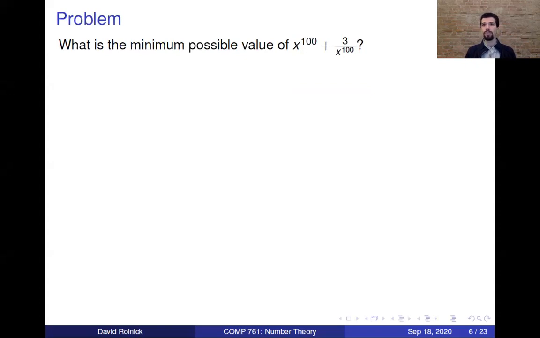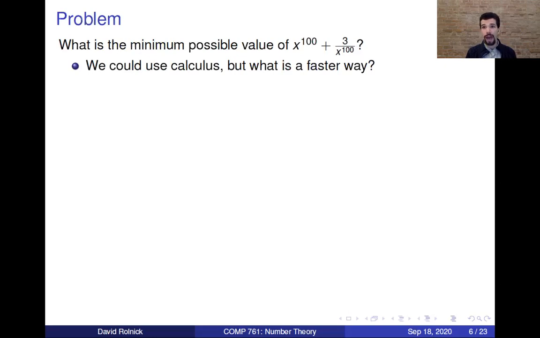Okay, so the problem that we never got to last time. What is the minimum possible value of x to the power 100 plus 3 over x to the power 100? What can we do? So we could use calculus, as a couple of people are suggesting, and that would absolutely work.